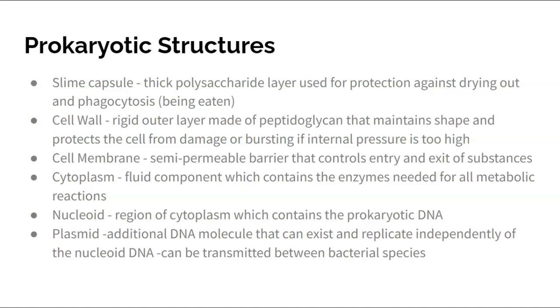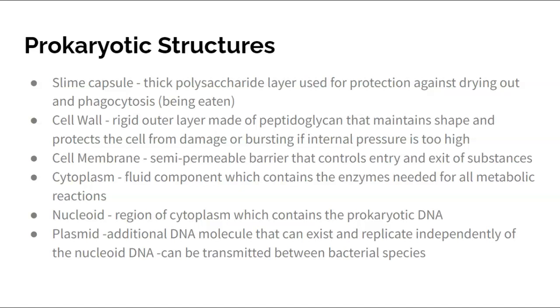Nucleoid is the DNA area, and the plasmid is an additional DNA molecule that can exist and replicate independently of the nucleoid DNA. What's awesome about the plasmid is that it can be transmitted between bacterial species, and this is how some bacteria can create new proteins that they couldn't previously make, because they have accepted this plasmid from a different bacteria.